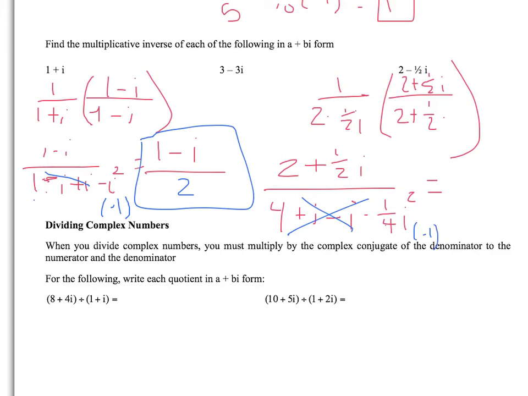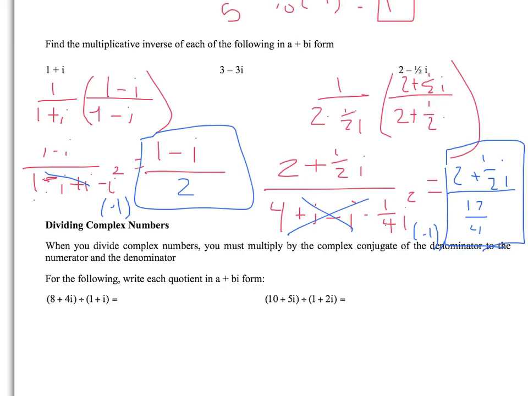So it's really negative 1/4 times negative 1, which is a positive 1/4, plus 4 is going to be 17/4 if you keep it as a fraction. 2 plus 1/2 i. And I could go further with that, but I am not going to at this point. I'm going to leave it just like that.